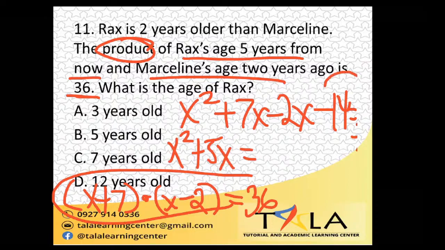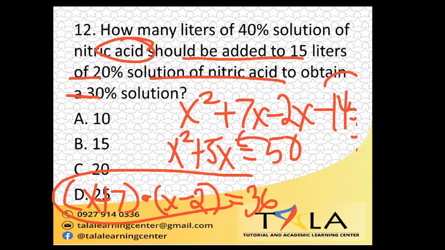So, that's 50. Okay? So, we go back to make it easier to solve. I'll have x squared plus 5x minus 50 equal to 0.